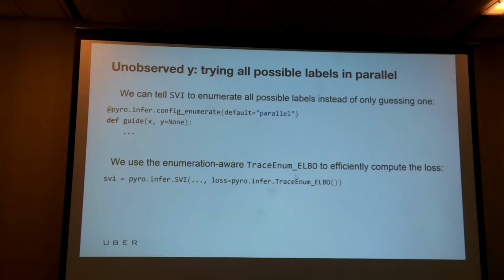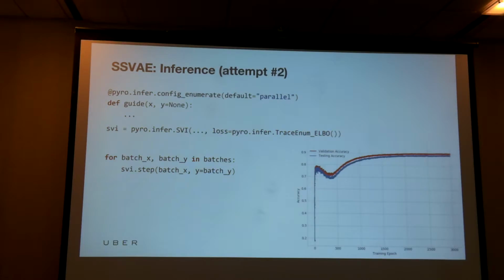These approximate the same objective, but TraceEnum_ELBO is smart enough to take advantage of these enumeration annotations when possible. So we just pass TraceEnum_ELBO into our SVI object instead of Trace_ELBO, and we'll have another go.